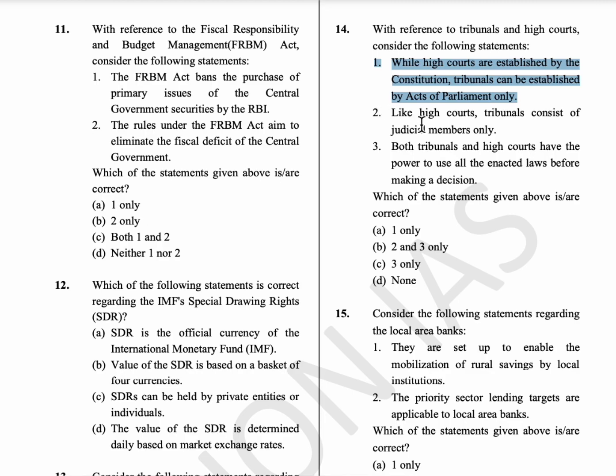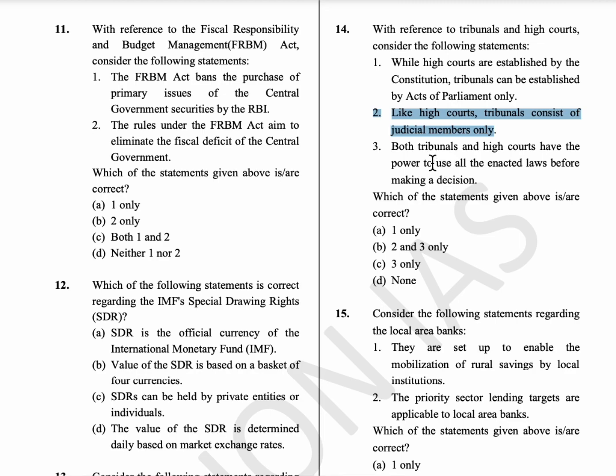Second statement is, like high courts, tribunals consist of judicial members only. So tribunals consist of judicial members as well as experts with special knowledge. So second statement is also wrong. Third statement is, both tribunals and high courts have the power to use all the enacted laws before making decision.